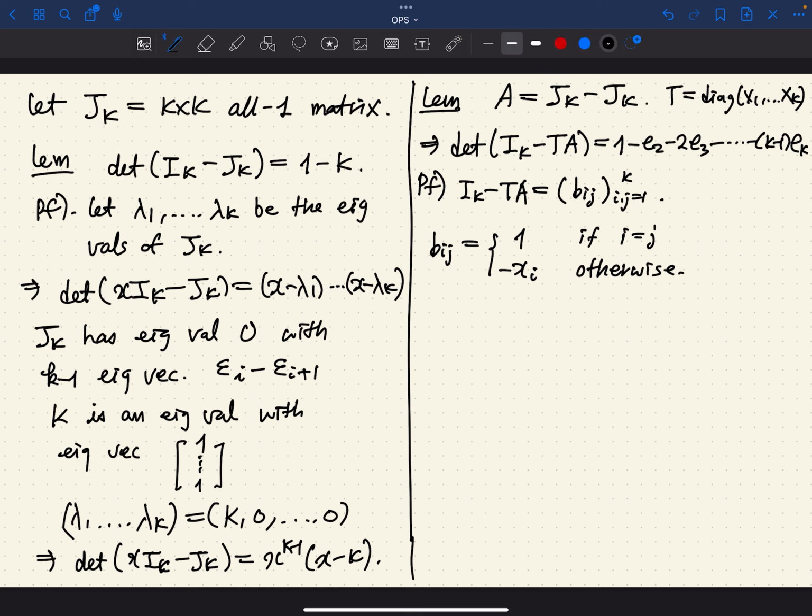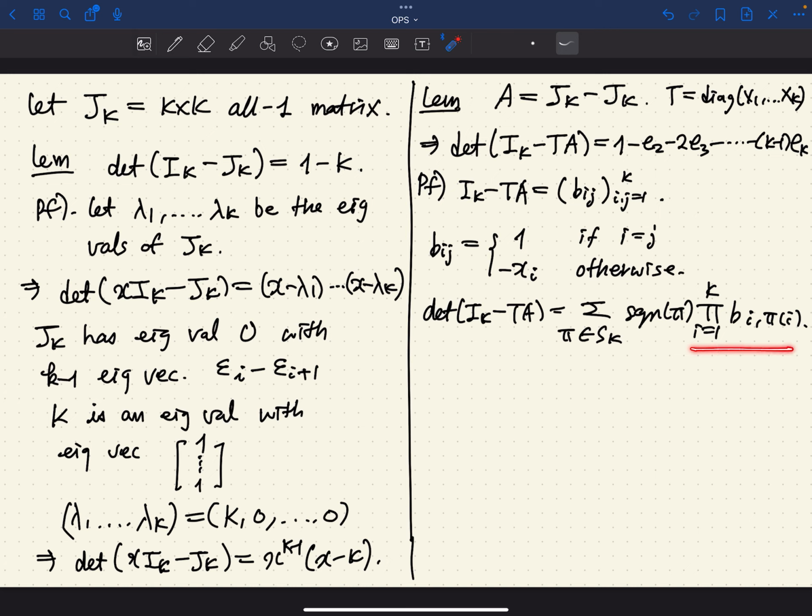So we need to evaluate the determinant. But let's just use the formula for the determinant expansion, the sum over permutations pi of the sign times the product of the entries b_(i, pi(i)). Now because it depends on the case whether i equals j or otherwise, i equals j means this is a fixed point of the permutation, right?